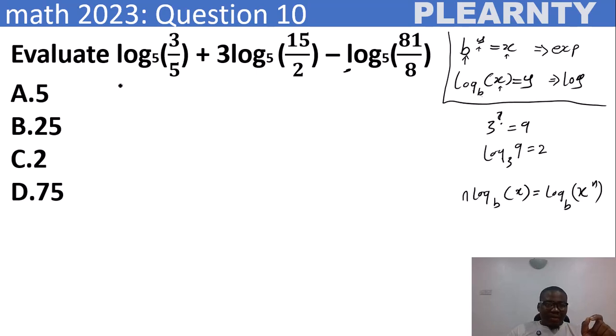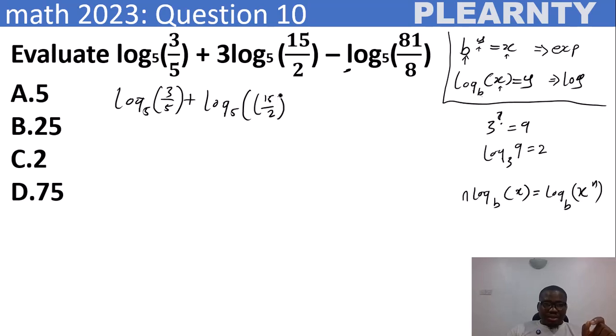So now we are going to have our expression become log base 5 of 3 over 5 plus log base 5 of 15 over 2.